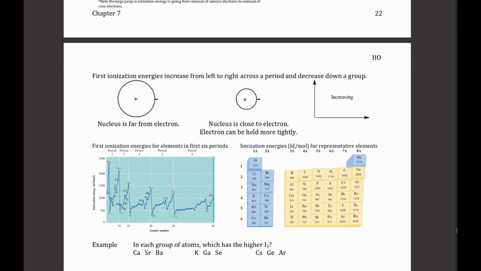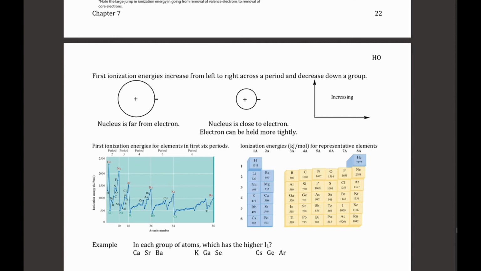They increase from left to right across a period and decrease down a group because of atom size. Let's say we're picturing removing an electron from an atom. The bigger the atom, like lithium is bigger than neon, the farther the nucleus is from the electron, the less bound the electron is to the nucleus.